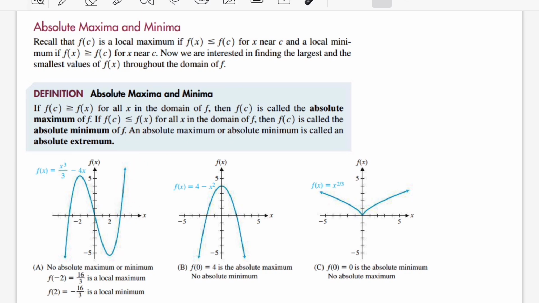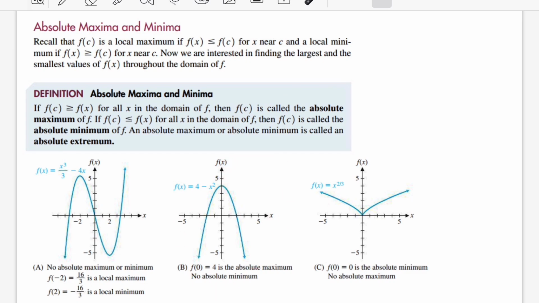So we can't say for certain that one point will be greater than or equal to another for all x in this domain. However, for x values near this point and this point here, we do have a local maximum and local minimum, and that's given by these points here at -2 and +2.